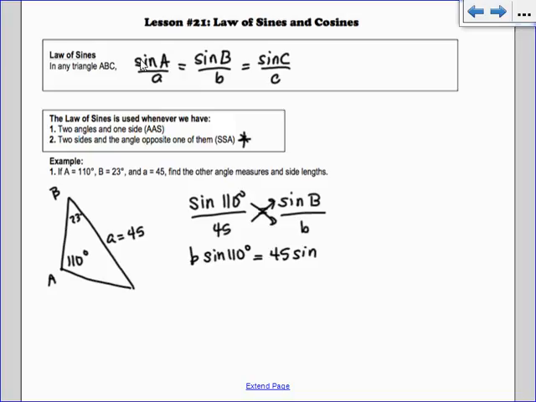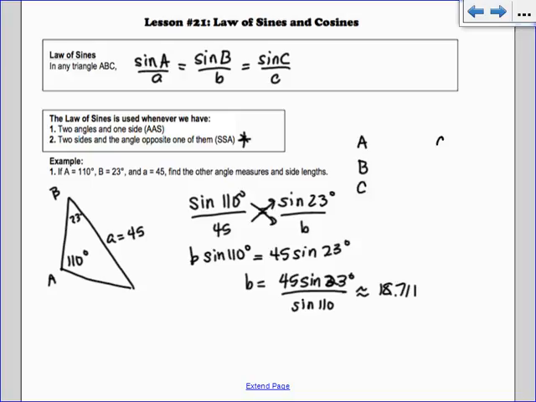I forgot my sine of 23, didn't I? So b equals 45 sine of 23 all over sine of 110, which, with a 3 decimal approximation, gives b is 18.711.